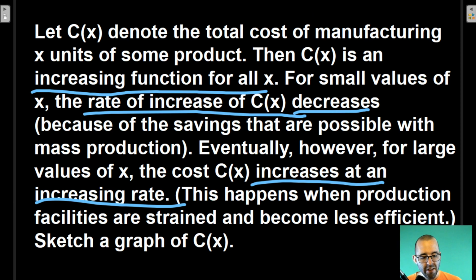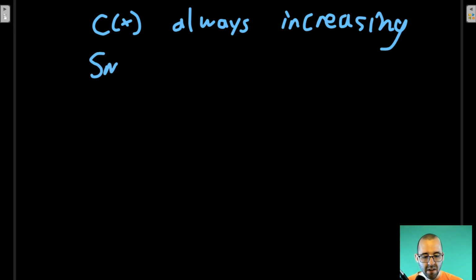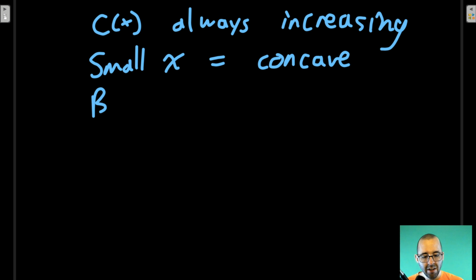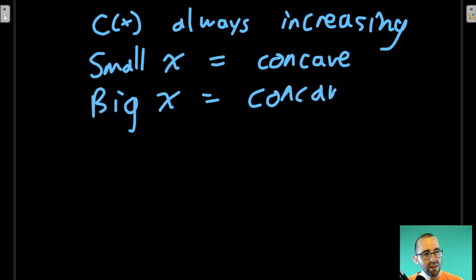Second thing, the slope decreases for small x. So for small x, we're concave down. And then likewise, later on, we said if we have a big x, that's going to be concave up. We just need to draw this information.